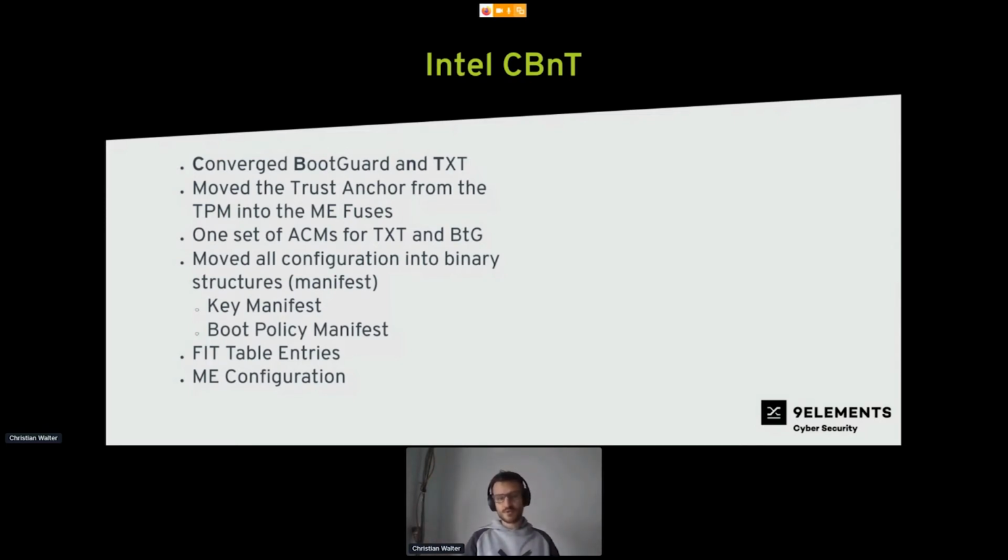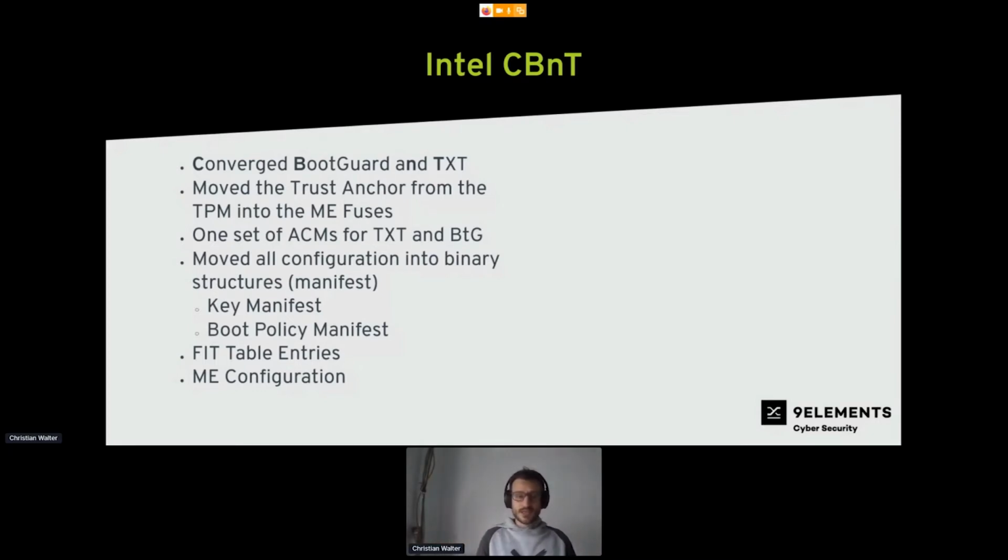Also, they moved the configuration data around a little bit. Before that, you had configuration data in the TPM, and you had configuration data in the FIT tables and these kinds of things. Now they moved it basically into one structure, which is called the boot policy manifest, which I will go into in more detail on the next slide or so.